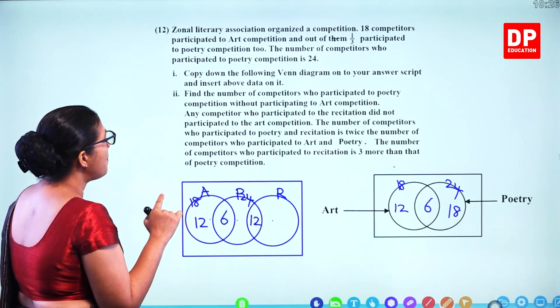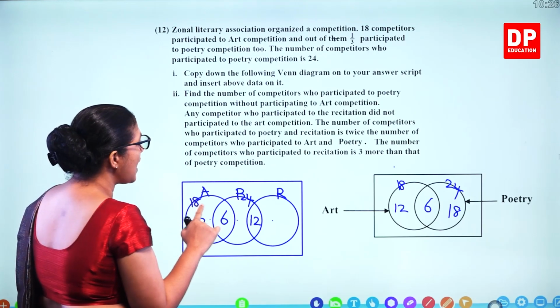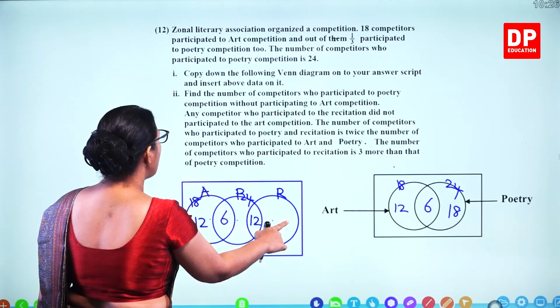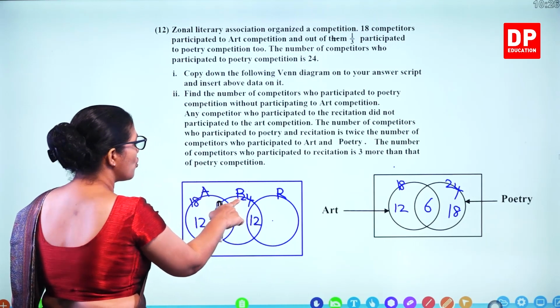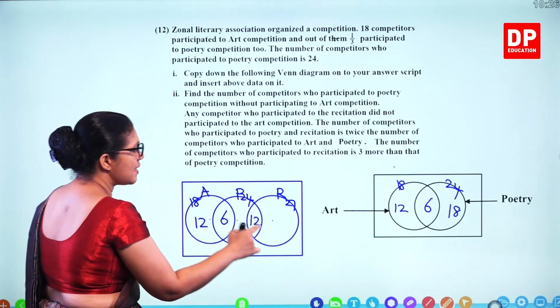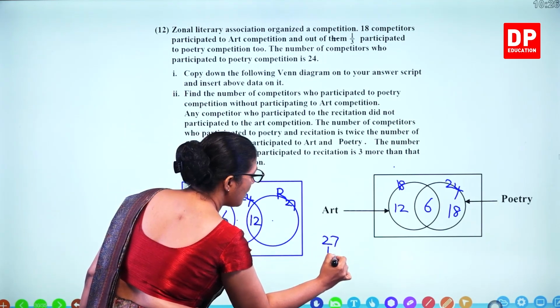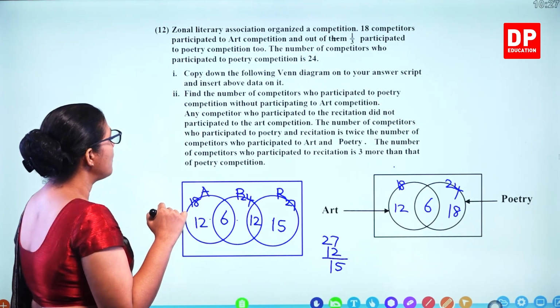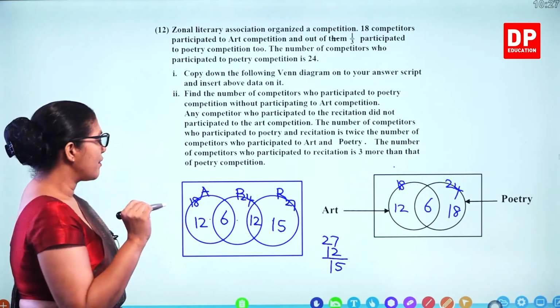The number of competitors who participated in recitation is 3 more than that of poetry competition. So 24 plus 3, this is 27 now. So 27 minus 12, that's 15 here. So that's the new diagram.